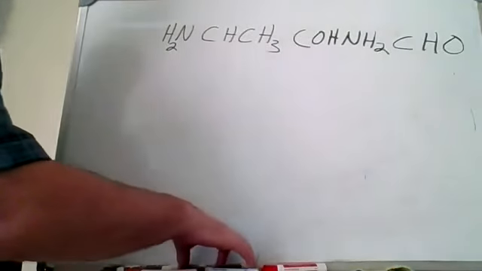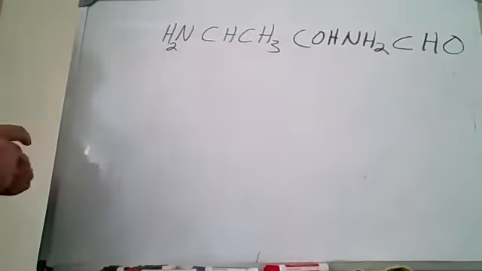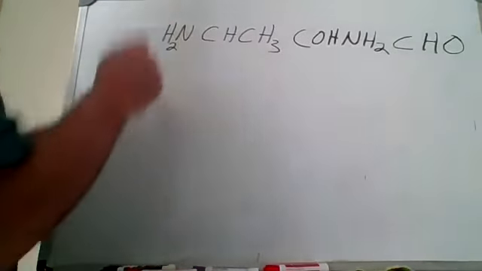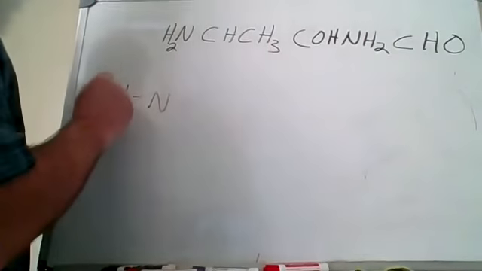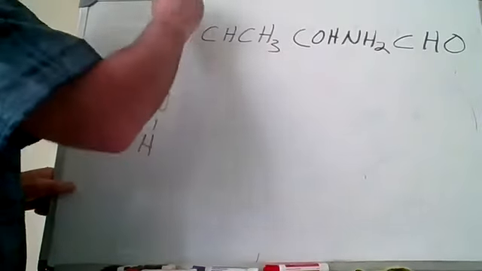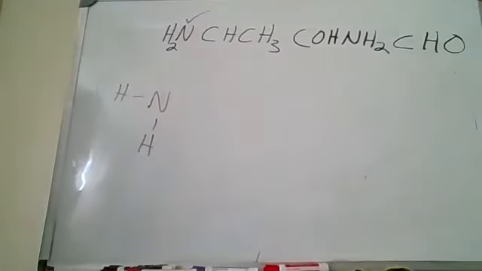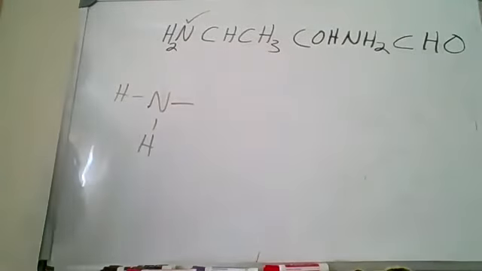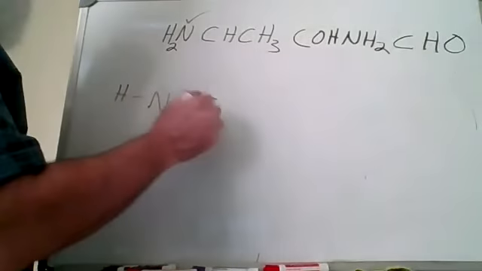And hopefully I didn't screw up here. All right. Okay. So NH2, we know that's an amine group. Check off there. Now, we have an open-ended bond here for the third bond on the nitrogen, and that's going to bond to the carbon.